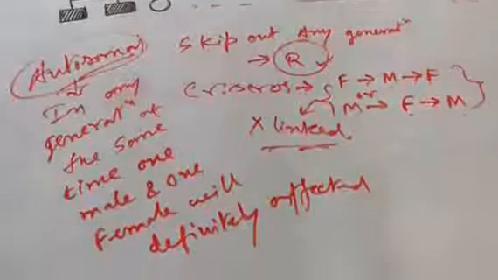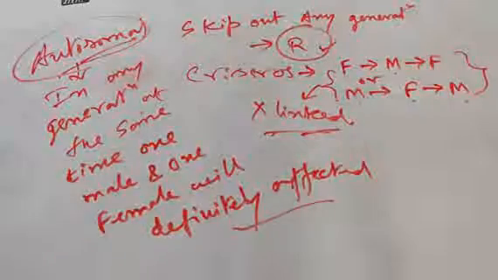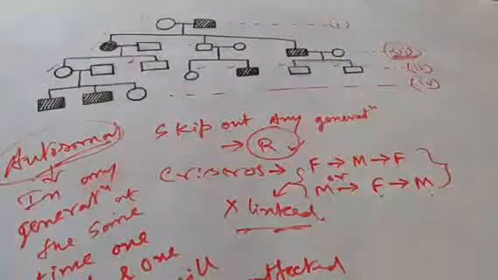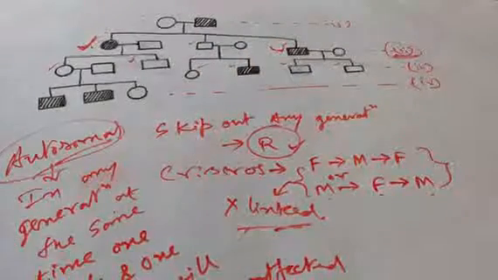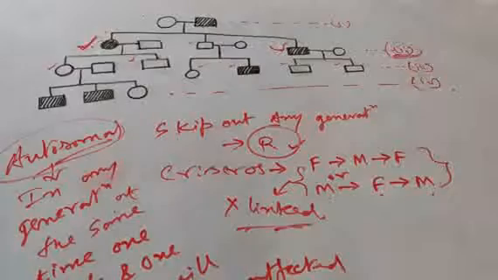Okay, and for autosomal, in any generation at the same time, one male and one female will definitely be affected. This will be autosomal. So here in the pedigree, in the second generation, one male and one female are affected.